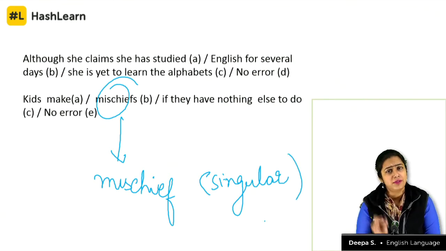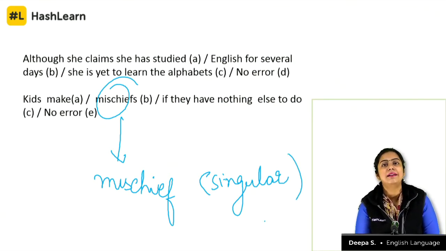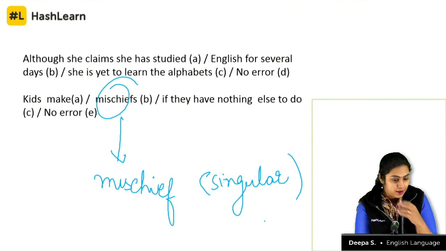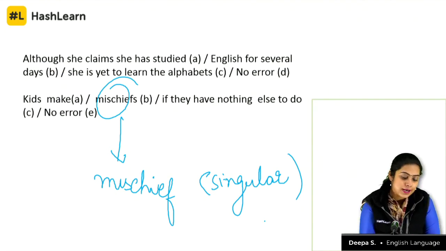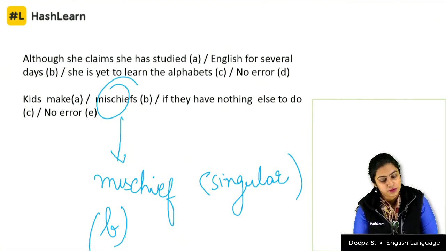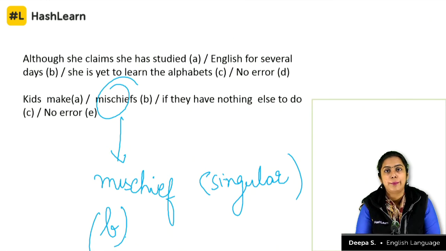The noun is always used in singular and not in plural at all. It is wrong to say mischiefs. So the wrong part here that needs correction is B, kids make mischief if they have nothing else to do. The answer here is B.